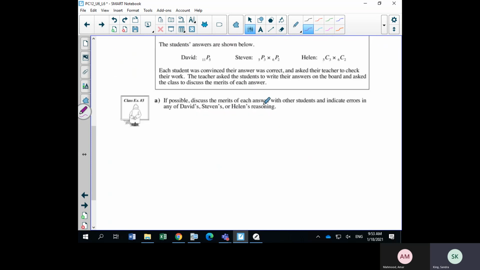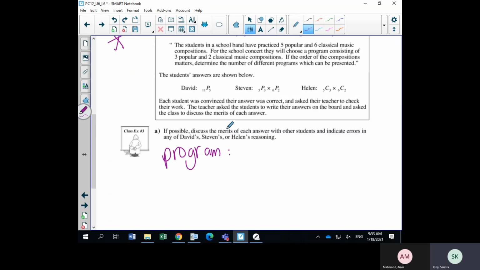So let's write this. Their program is going to consist of 3 popular and 2 classical.